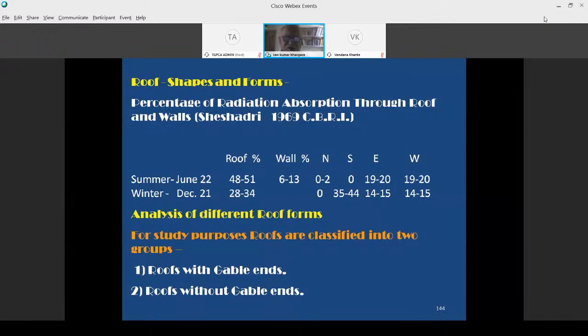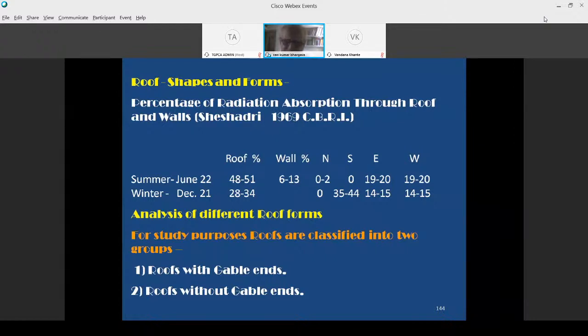Wherever you turn it, roof will be exposed to solar radiation. But when you have a sloping roof, or a lean-to roof, either with gable end or without gable end, only one part of the roof will be exposed to the sun. The remaining part will be in shade, barring the summer noon condition when the sun is above your head.